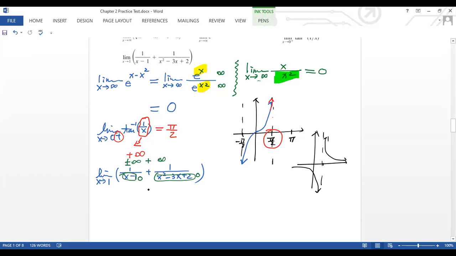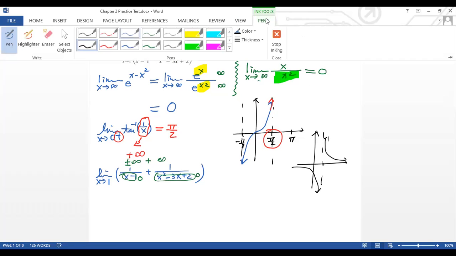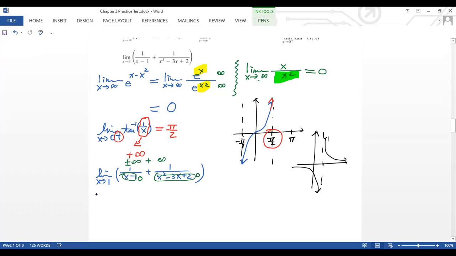Okay, so we could have an infinity. We know infinity plus infinity is fine, but infinity minus infinity, I'm not sure, right? So it's indeterminate. Okay, so now let's take a look. What can we do here? Well, this one doesn't have any square roots, so I cannot use a conjugate. Let's try to see what we can do.